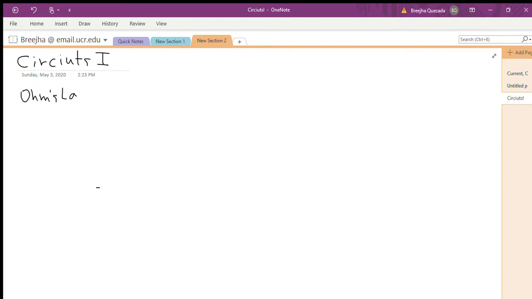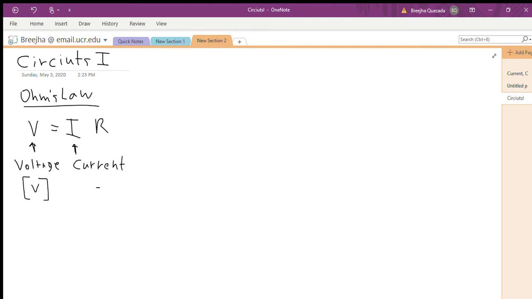Ohm's law. And so that was V equals I times R. Now, just to remind everybody, V is going to be for voltage with the unit of volts, so V. I is a little bit different because normally we're used to the letters corresponding to what the term is called, but I is called current, and it has the units of amperes, so 1 A. So amperes or amps, as they're also called.